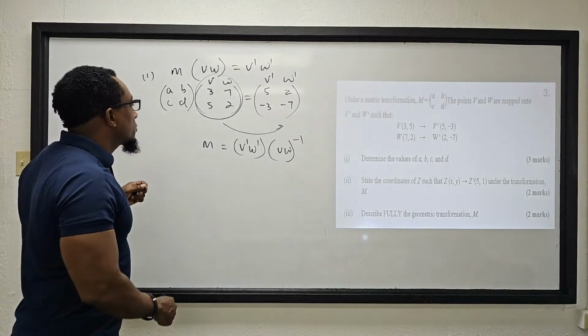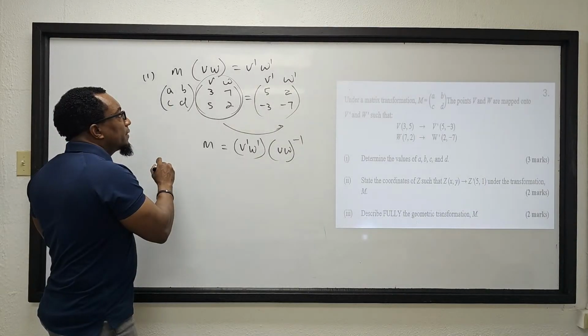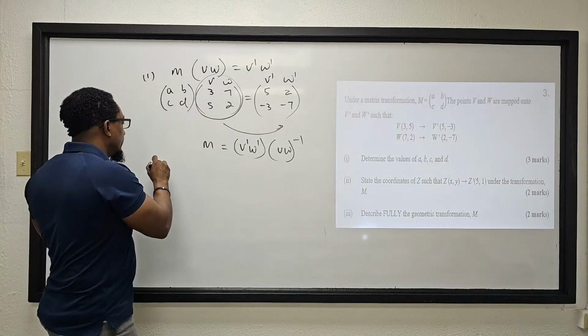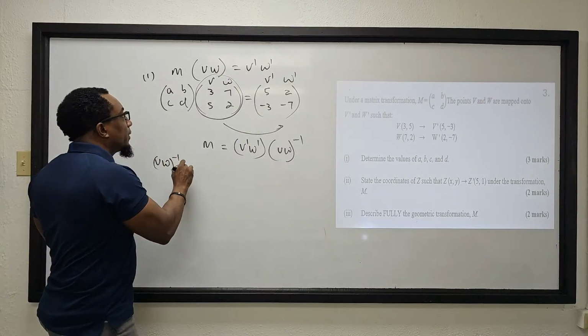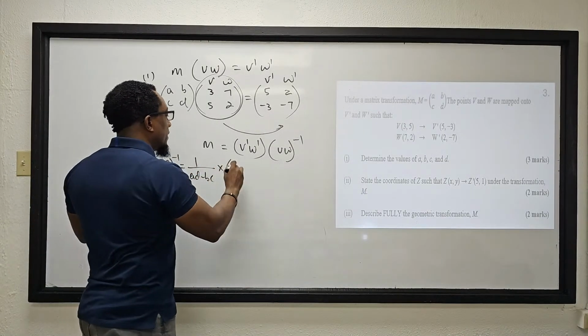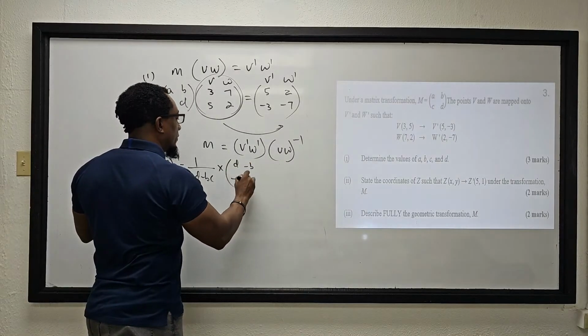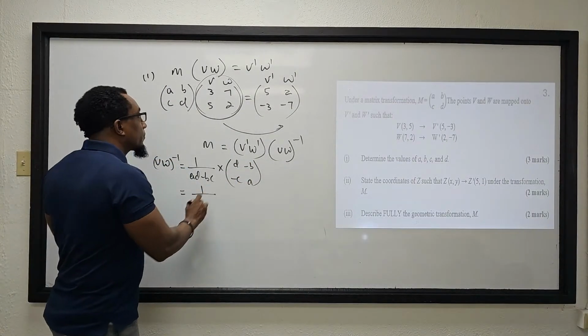So VW inverse will be equal to 1 all over the determinant times the adjoint. So this is 1 all over the determinant.